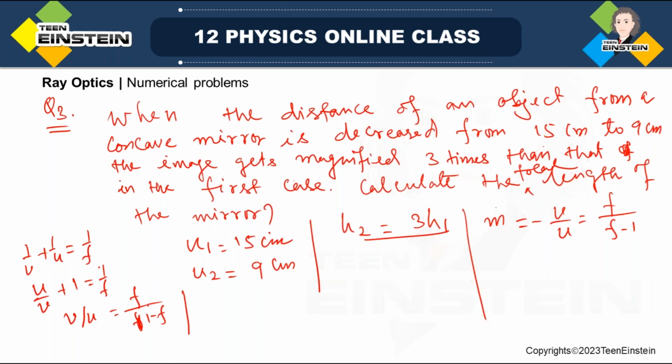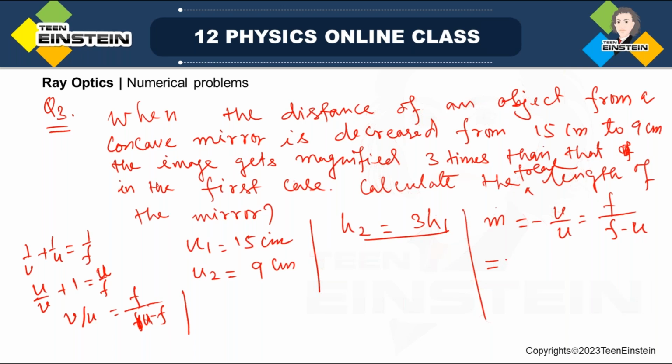Oh, sorry, this is not 1, actually this is U, this is U minus F, so it will be F minus U. Okay, this is actually magnification, right? So it is for the concave mirror, so U will be negative, F will also be negative in this case.